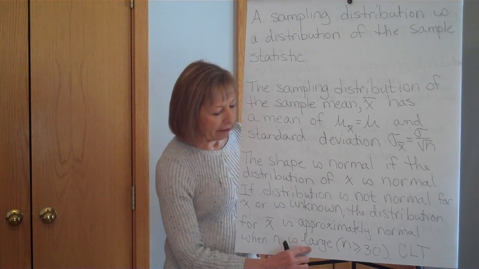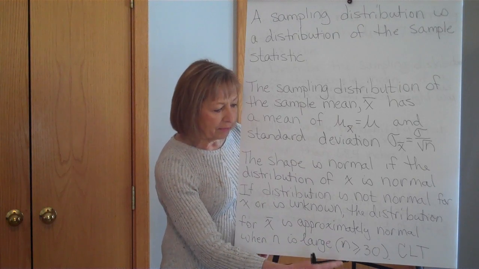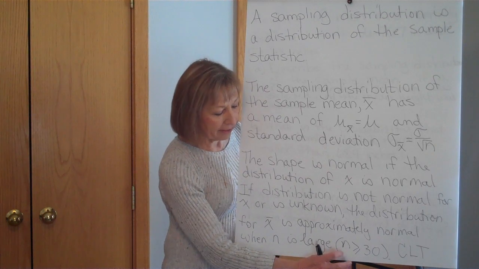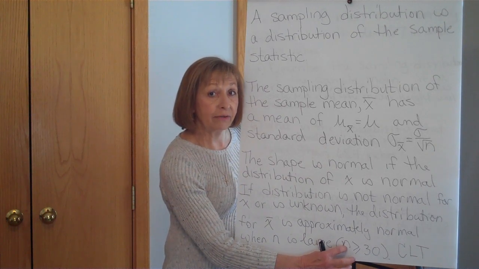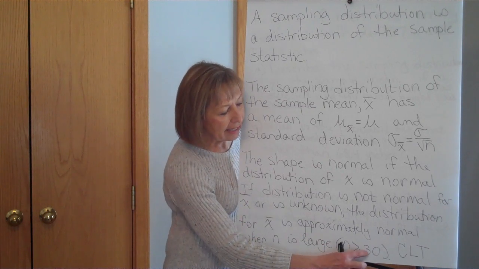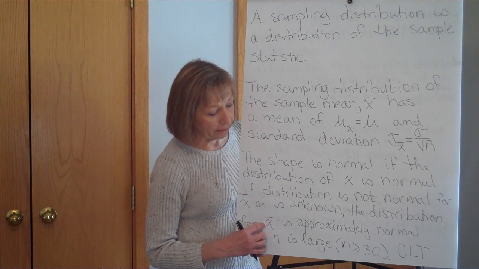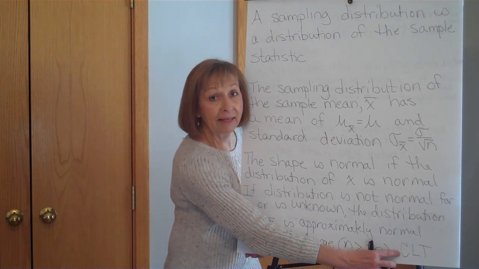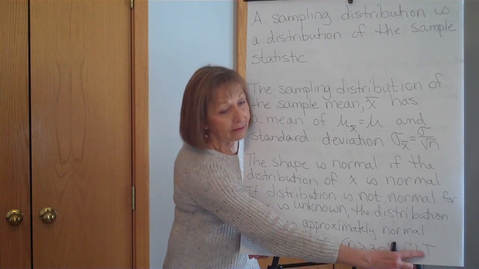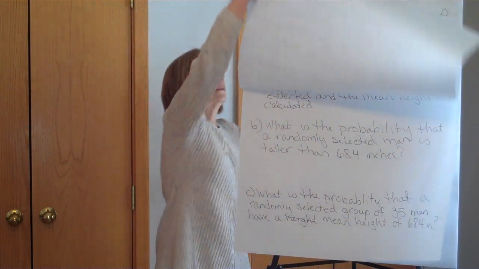Large is a very vague idea, but typically, by the central limit theorem, as long as you have a sample size greater than or equal to 30, that's enough to have our sample means be approximately normal. We abbreviate the central limit theorem by CLT.